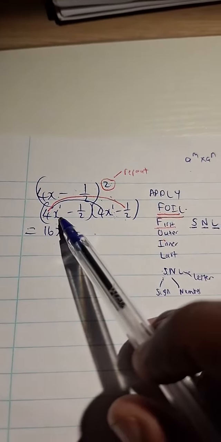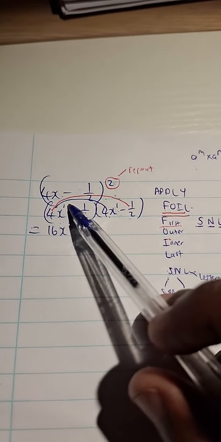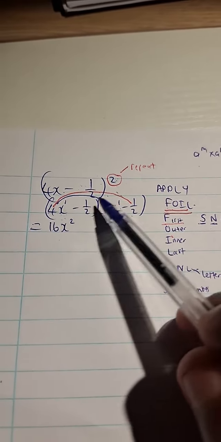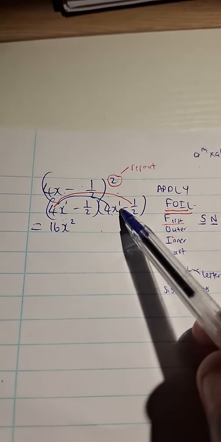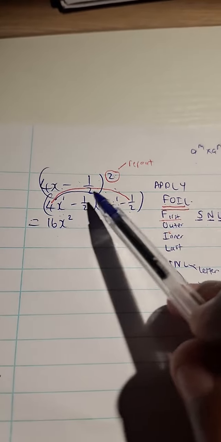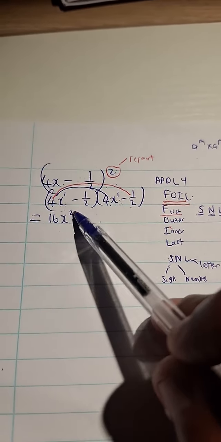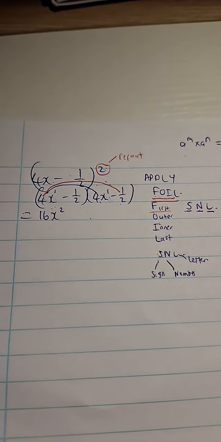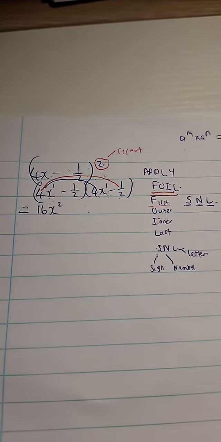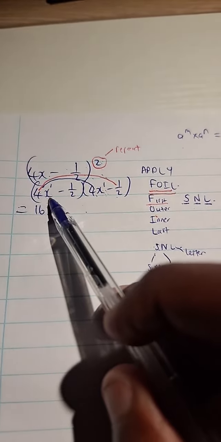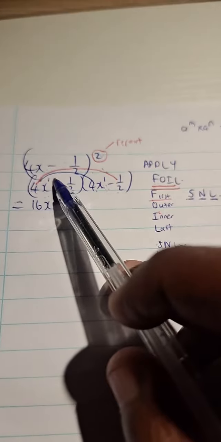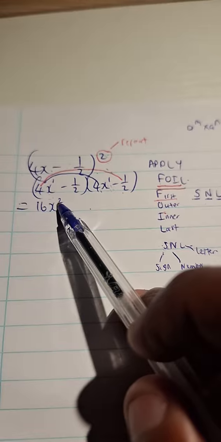So x times x is x to the power 1 times x to the power 1. When multiplying same bases, you keep the base and add the exponents. So our answer for the first term is 16x squared. Do you all understand how we got 16x squared? I hope we do. We keep the base x, we add the exponents, so it becomes x to the power 2.